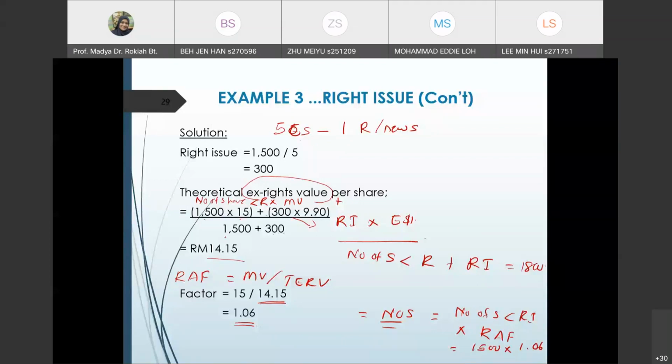The number of shares before the rights issue is 1,500, times 1.06. So we are going to have 1,594.